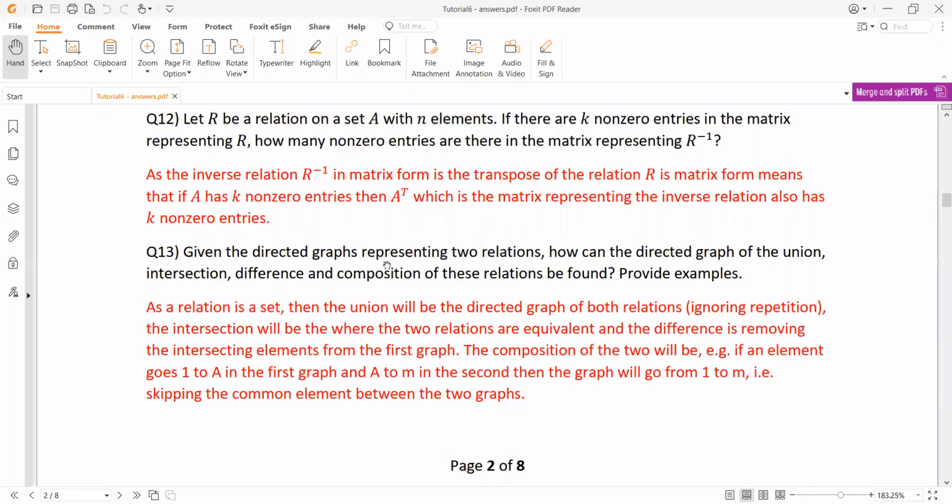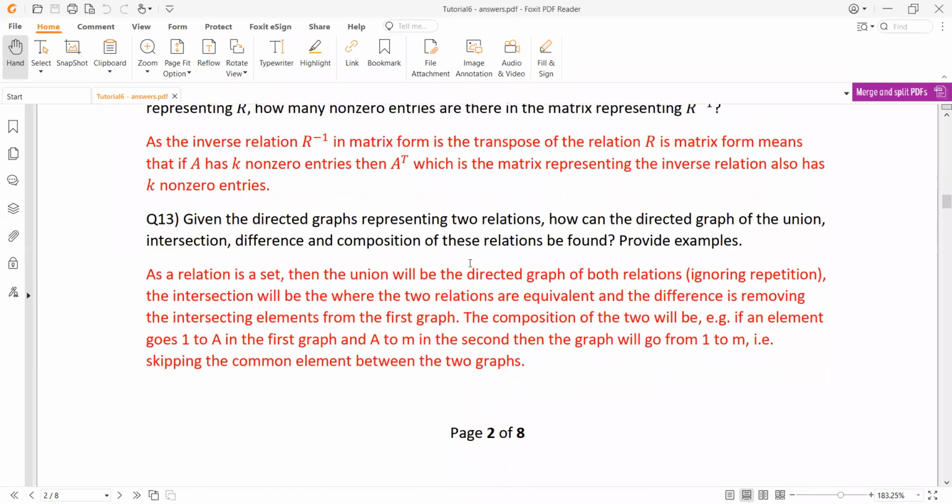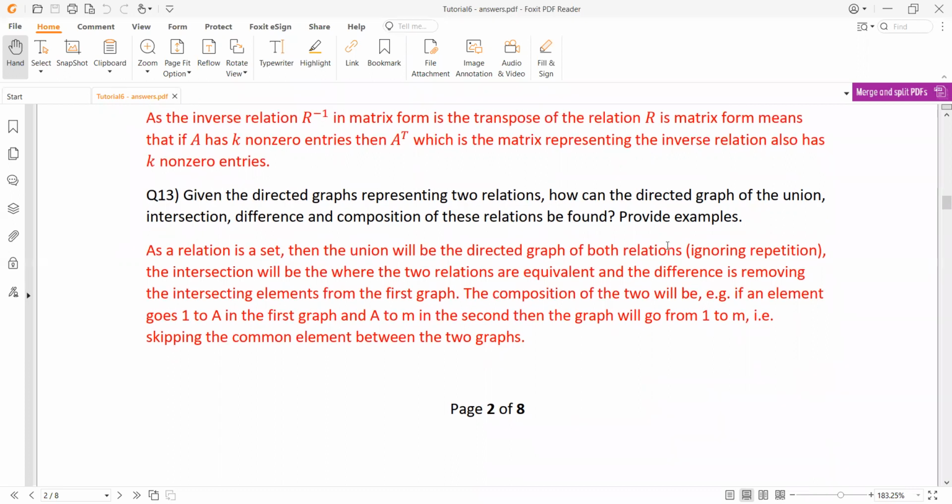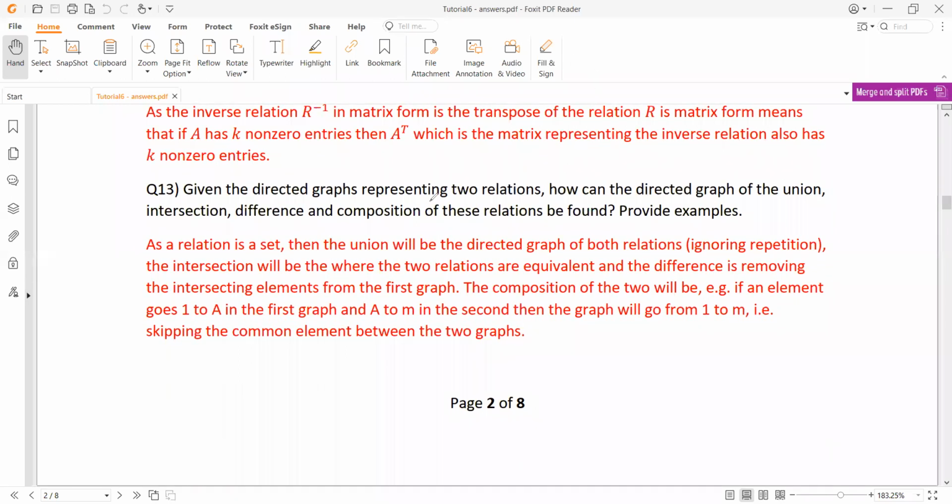Given the directed graph representation for two relations, how can the directed graph of the union, intersection, difference, and composition of these two relations be found, with an example? For the union, it means add all the paths together from the first and the second, ignoring the repetition of course. For the intersection, I add only the arrows that correspond to the pairs common between the two relations.